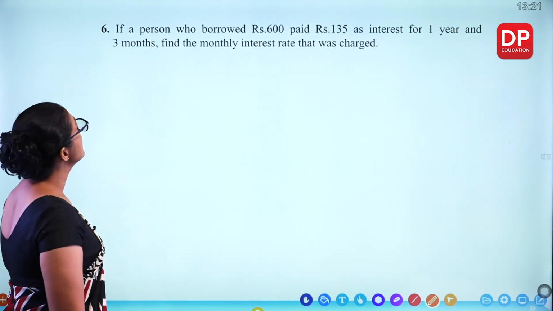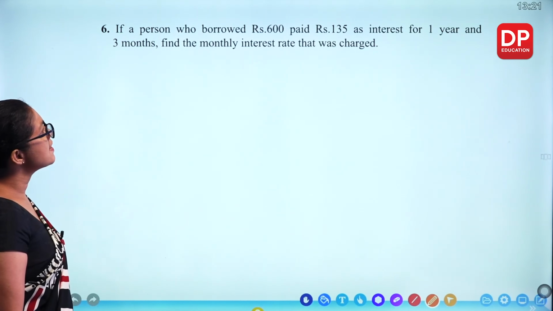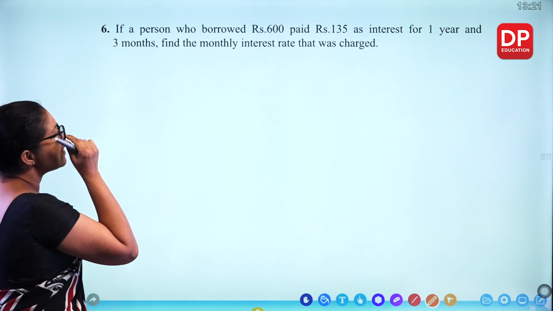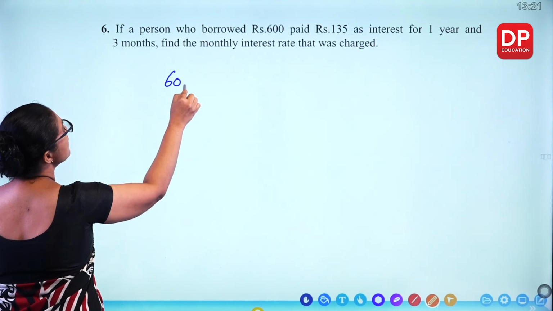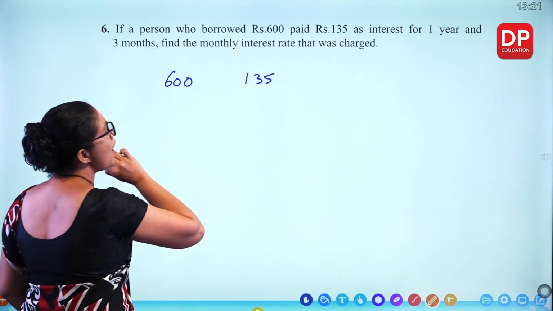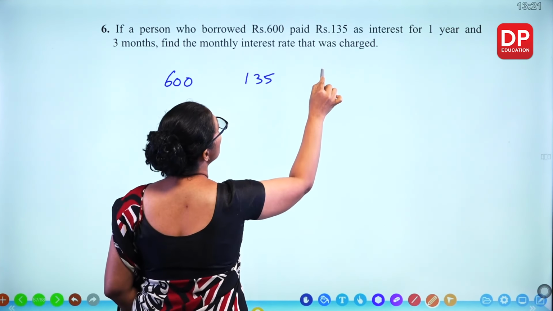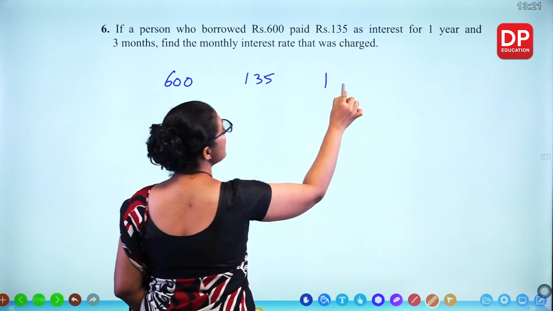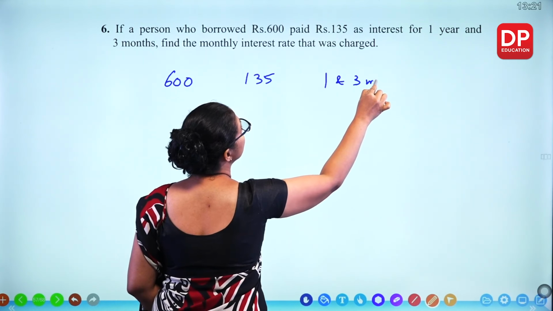Question number 6. If a person who borrowed 600 rupees paid 135 as interest, this is for 1 year and 3 months.